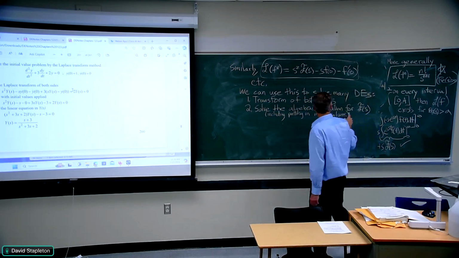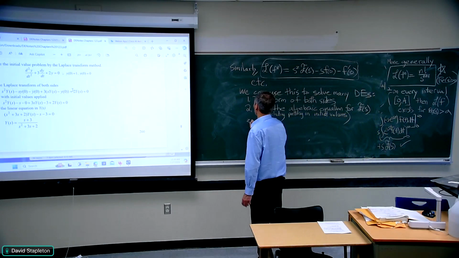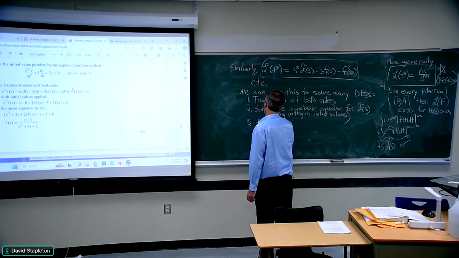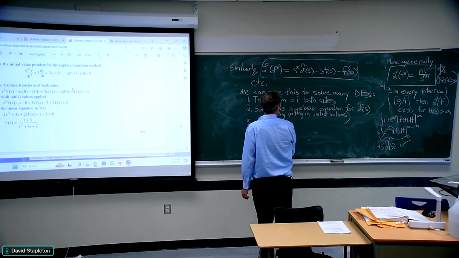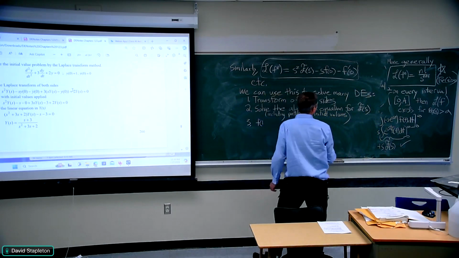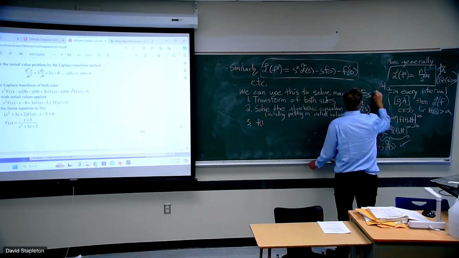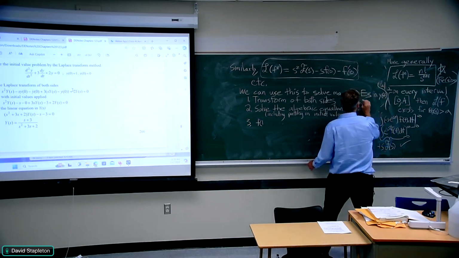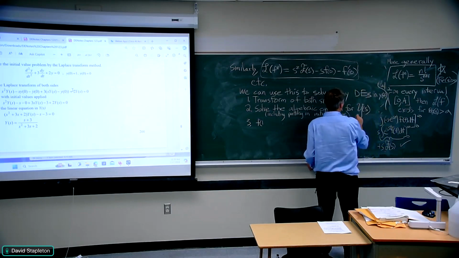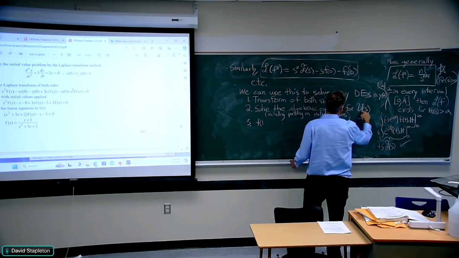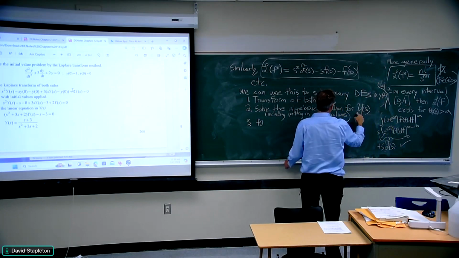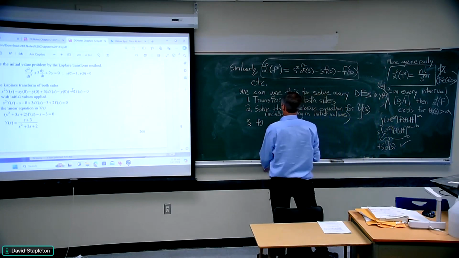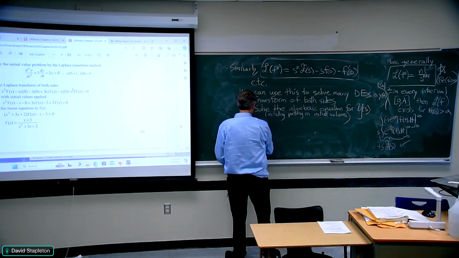Then in step 3, since f of s is the transform of the solution, you find f of t. Let's say the solution to the DE is y of t. So the transform of the function y of t will be curly y of s. Let's give it this notation because that's what I'm going to use in the next example. And then you say the solution.